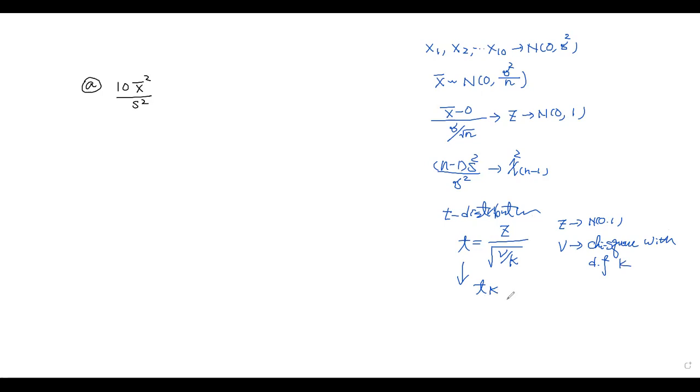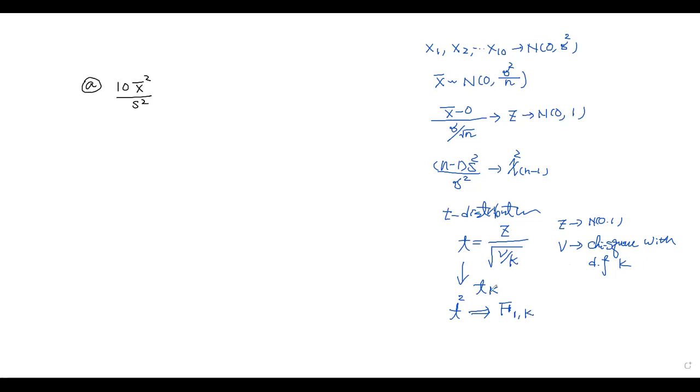Then we have another good one. How about if I square the t distribution? We also proved that if I square this t distribution, it becomes the F distribution with degrees of freedom 1 and k.